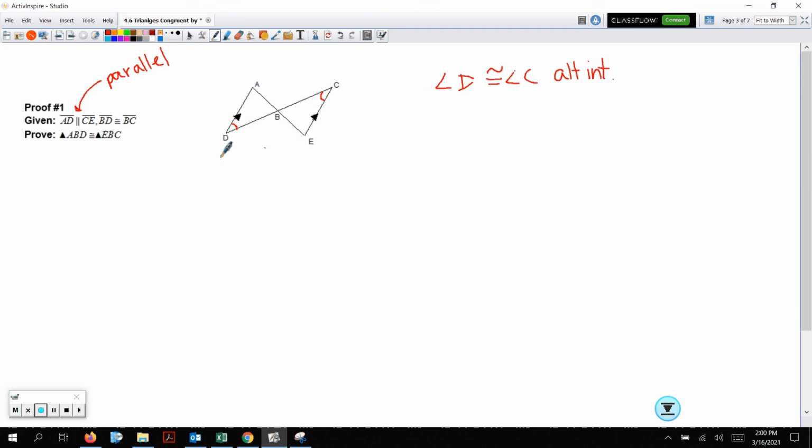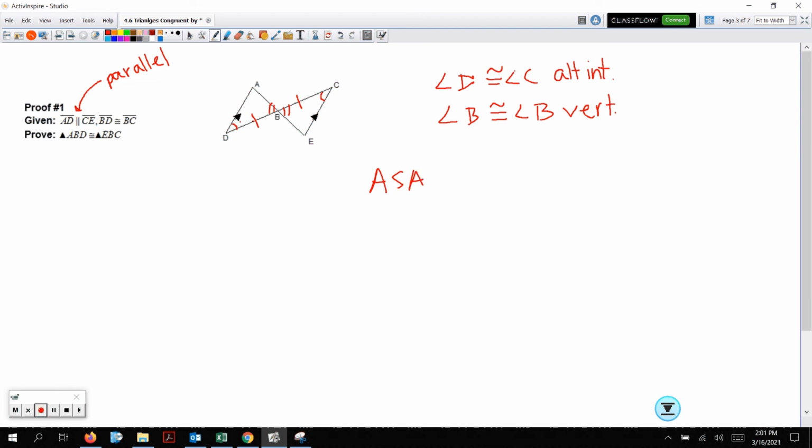And then what else does it tell us? Okay, so it says that side BD is congruent to BC. I see angle B here is congruent to itself because it's a vertical angle. Vertical. I'm just going to abbreviate. All right, so now I have an angle, I have a side, I have an angle. So this is angle, side, angle.